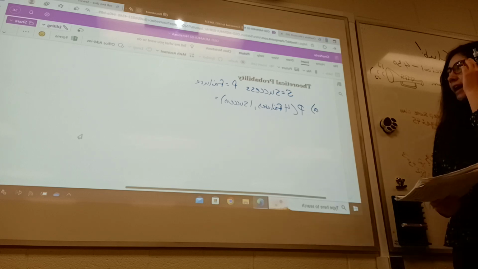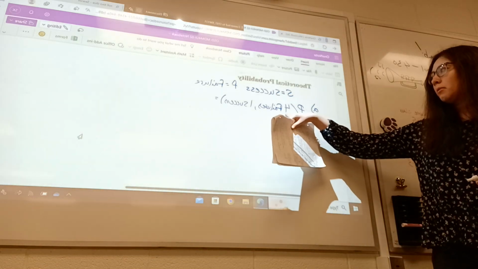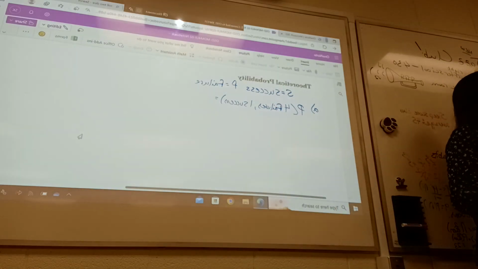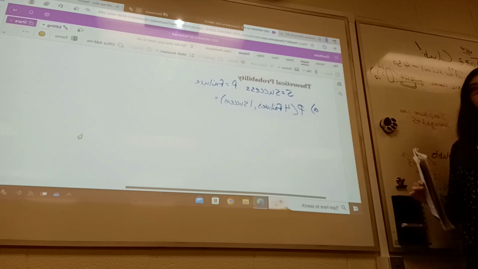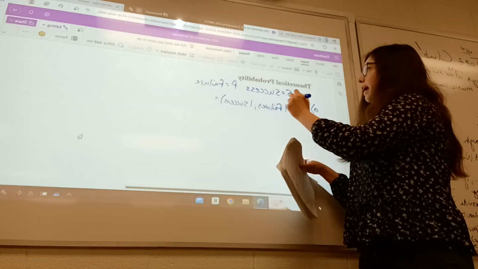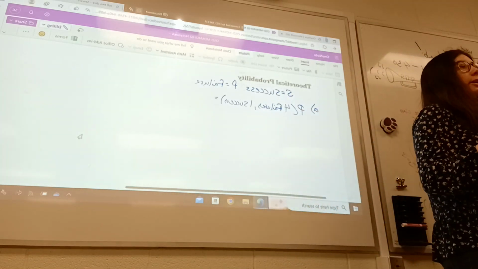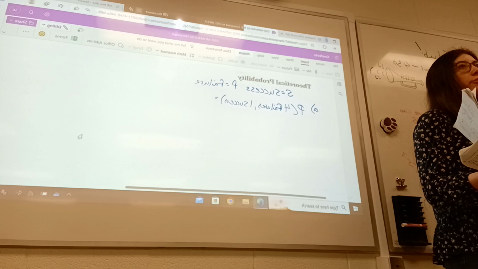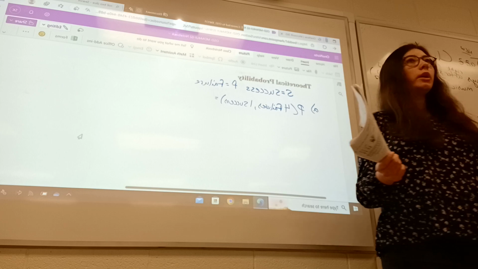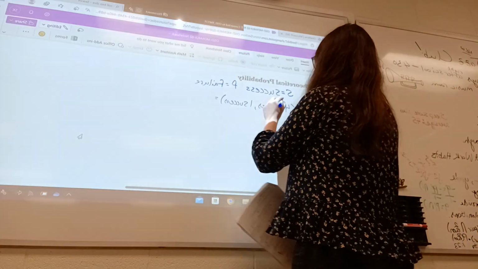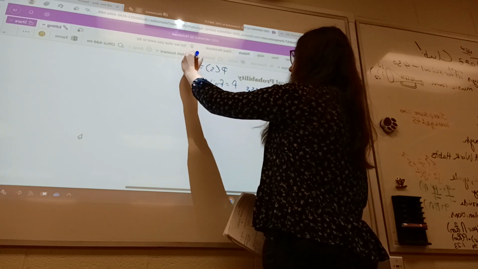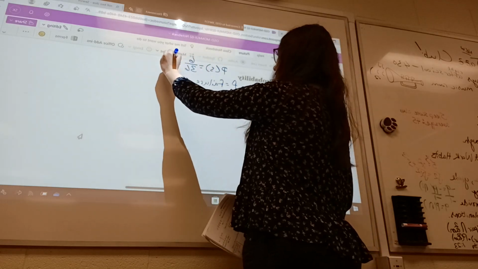So the theoretical probability would be to get the failures. Remember our big dice pair chart? There are 36 outcomes. How many ways were there to get doubles out of 36? 6, right? You could get a 1 and 1, 2 and 2, etc. So the probability of a success is 6 out of 36, which is the same as 1 over 6.